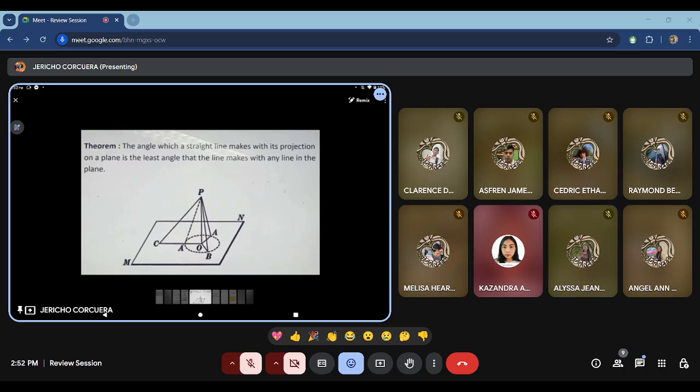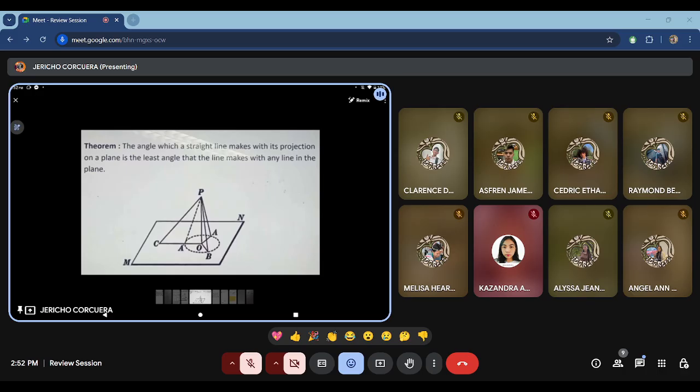So we are going to prove this one as well. The angle a straight line makes with its projection on a plane is the least angle that the line makes with any line on the plane.